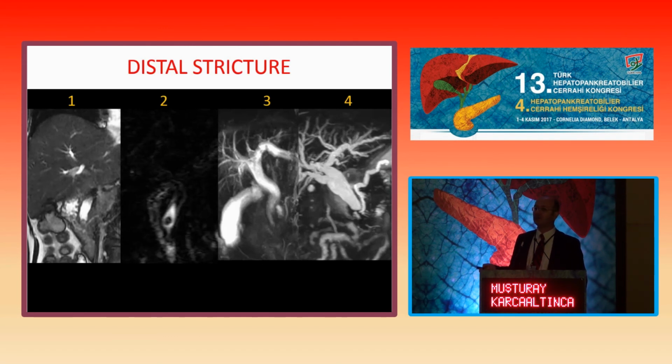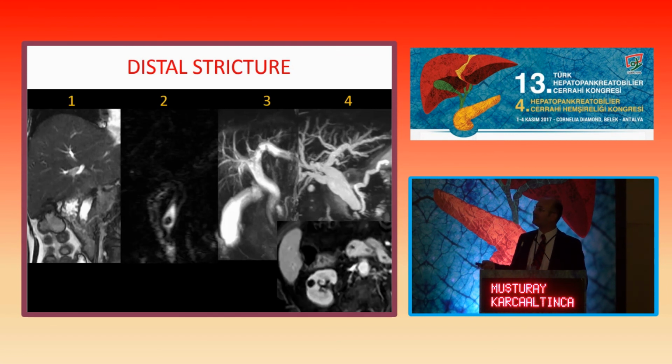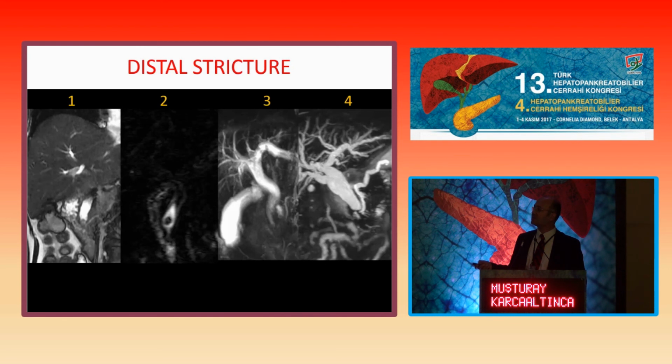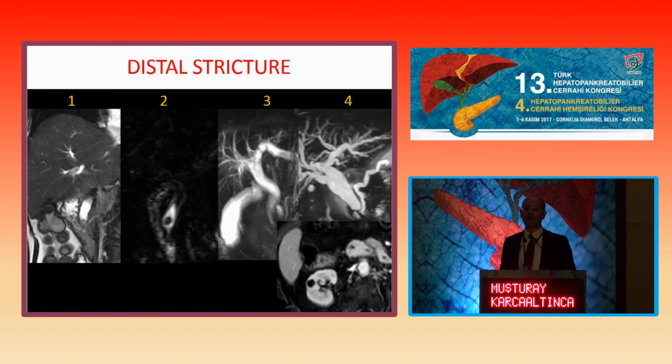The second one was a stone which was not visible on the 3D clearly, but if you look at the thin images, you can see the stone right there. The third one, actually, this was another benign one, I forgot to tell you, because the reason for this was, you see the structure, pancreatic duct, common bile duct, this is a diverticulum.